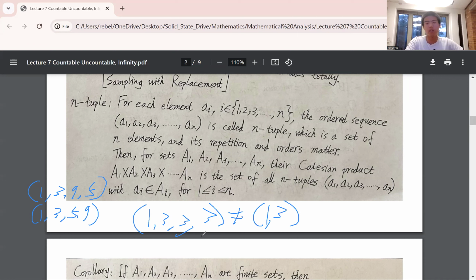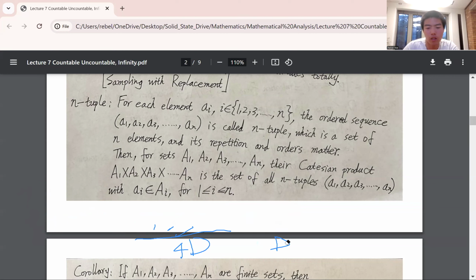For sets, they would be equal, because the repeated threes together are just equal to one single value. But for n-tuples, it's different. The first has four coordinates, a 4-dimensional one, and the second is 2-dimensional, which is absolutely different. This is our definition for n-tuple.